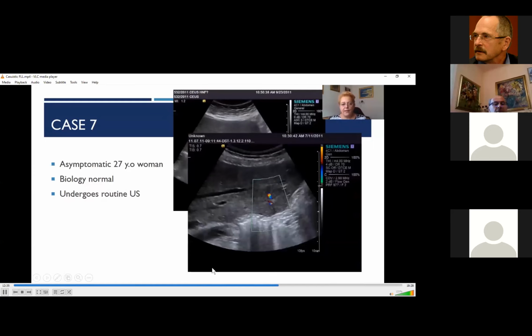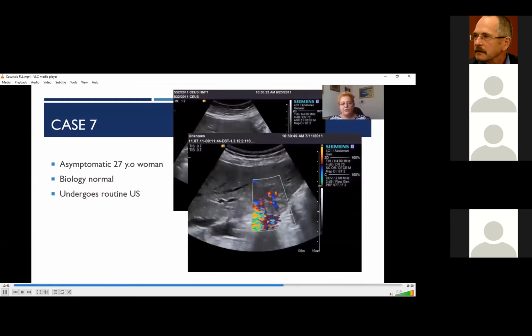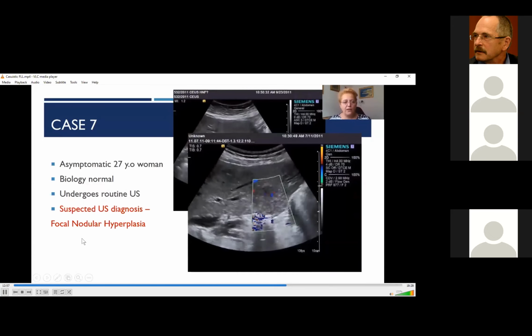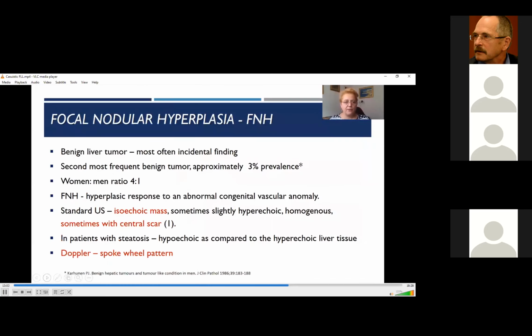On Doppler examination, you can see here a spoke wheel pattern. So the vessels go inside the focal liver lesion and they go to the periphery in a spoke wheel pattern. Based on this ultrasound aspect, we suspected a focal nodular hyperplasia, which was later confirmed by contrast-enhanced ultrasound.